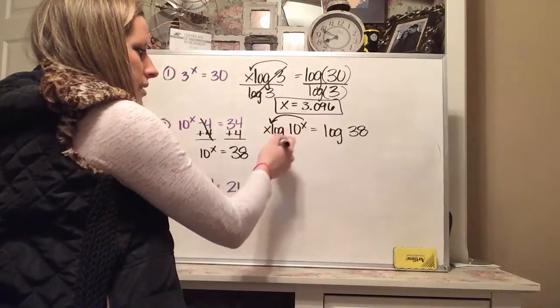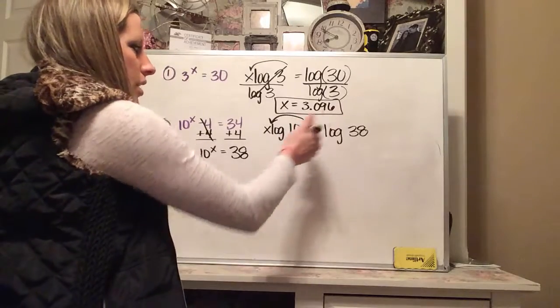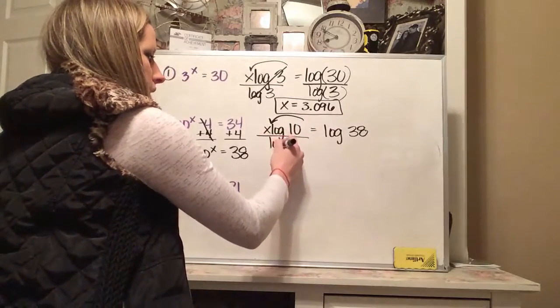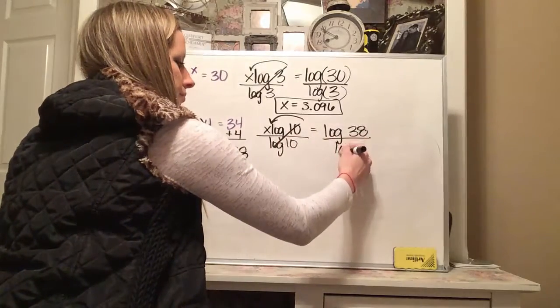So I have x log of 10 equals log of 38. Divide by log of 10 to get x by itself.